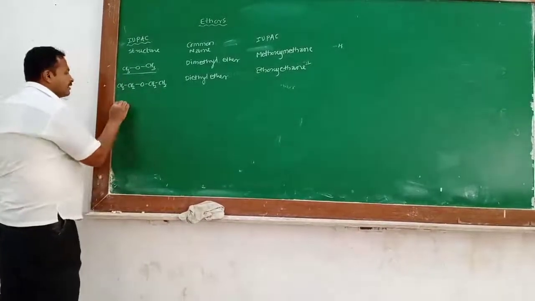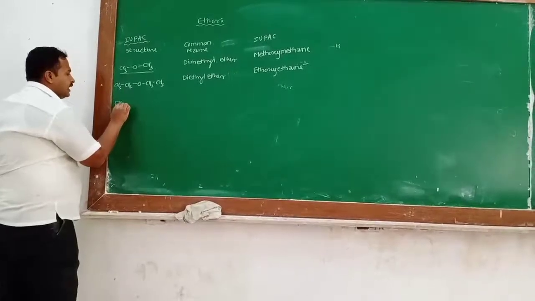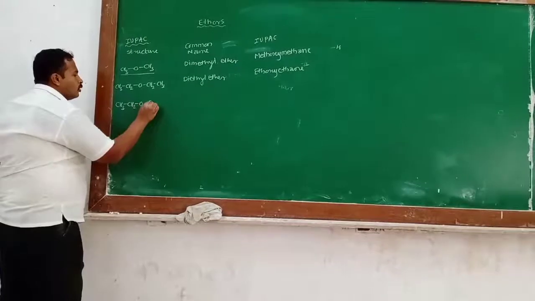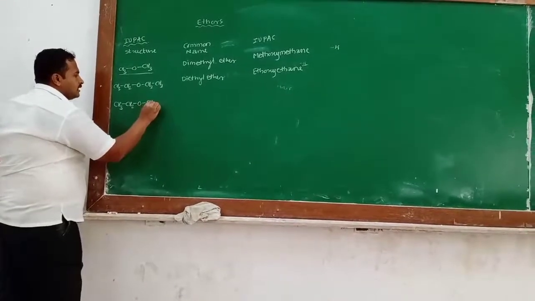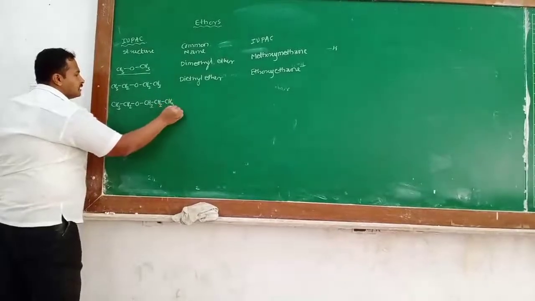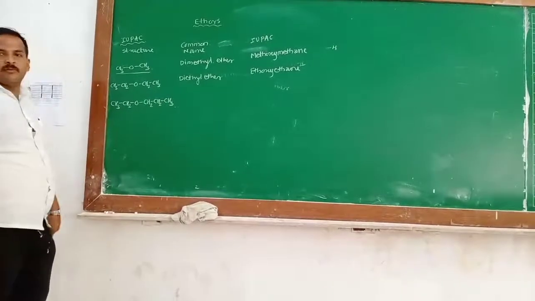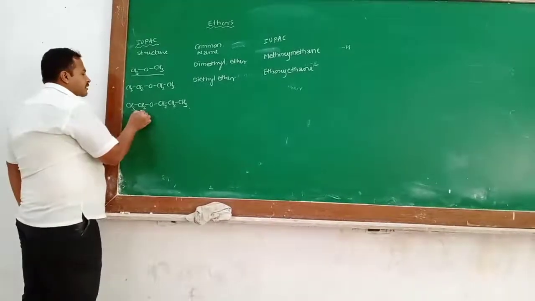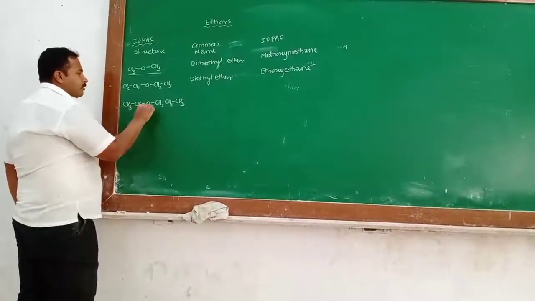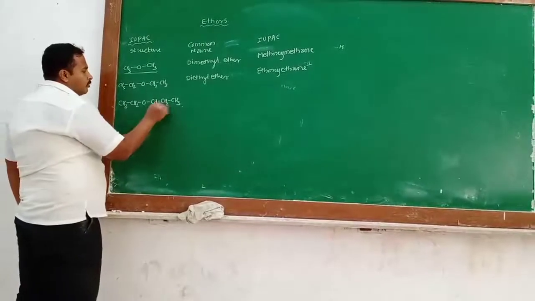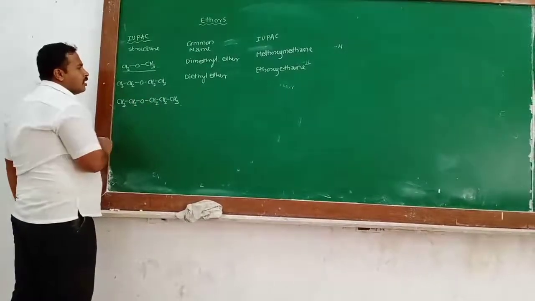Okay, we can write another example. CH3CH2OCH2CH2CH3. Students, tell the common name of the compound. On the left side of the oxygen atom is an ethyl group, on the right side a propyl group, with the n-carbon atom attached to the oxygen.